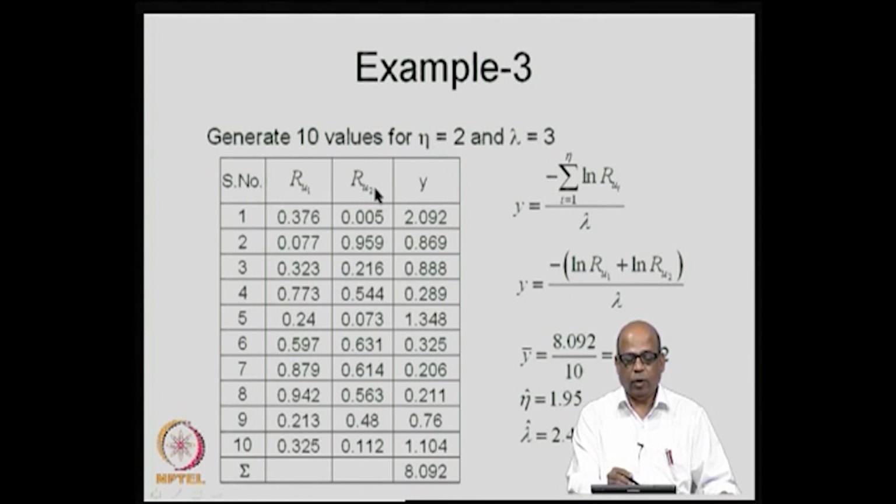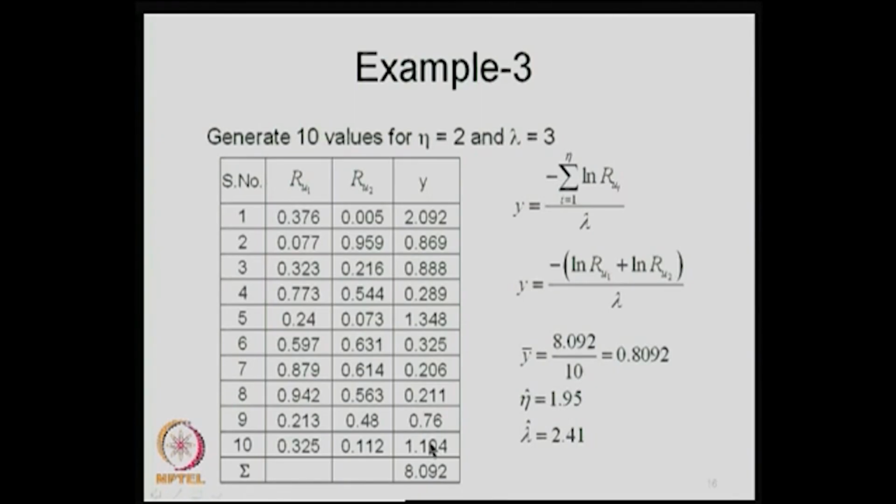So, ru1 and ru2, you get two uniformly distributed random numbers, again using a calculator or something, and you generate y. So, y is equal to minus log ru1 plus log ru2, divided by lambda. Lambda is given, therefore you generate y. Like this, you generate 10 values of y.